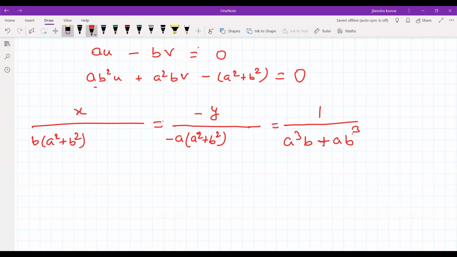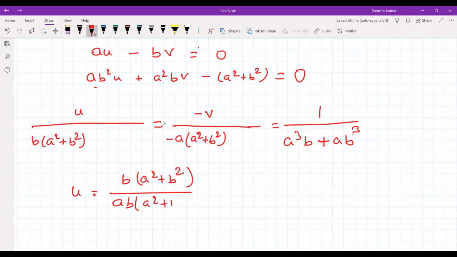Okay, here we have to write u and v, as I have taken u and v as our variables. So now u will be equal to b into a square plus b square upon, if we take ab as common here, we will have a square plus b square again, so that would get cancelled, so b gets cancelled, we will have 1 by a.